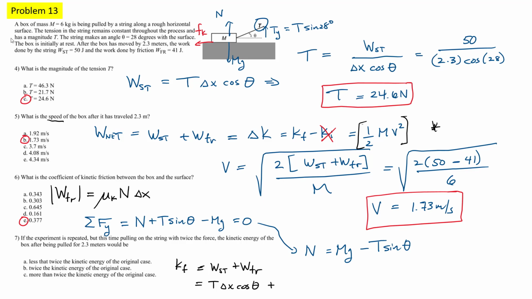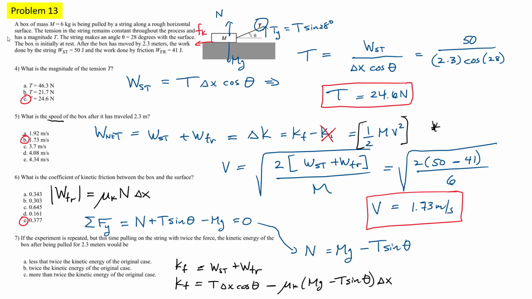And the work done by the friction is the force of friction, mu k, multiplied by the normal, which is mg minus T sine of theta, times that displacement, and now times cos of 180. So that just introduces a negative sign here in the front. And this is the final kinetic energy.